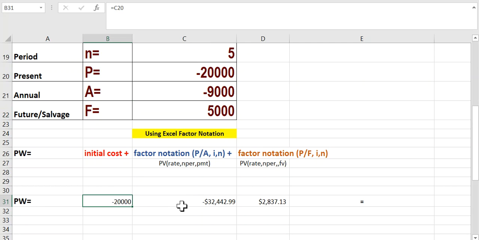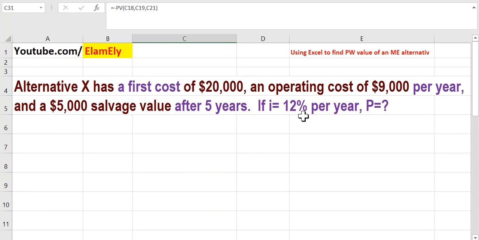$20,000 is the cost. Okay, good. What about this A? I have to transfer it. This A is $9,000 every year, including interest rate. So it is like $9,000 times 5 in addition to its interest rate. To do that, there is something simple.